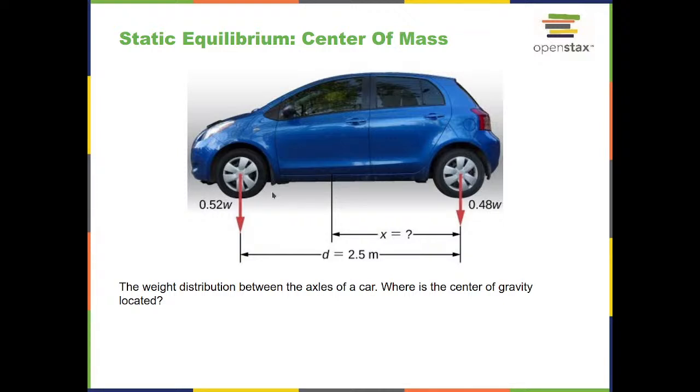We know that the total force the car exerts on the earth is 52% of the weight on the front tires, and 48% of the weight on the back tires, the front two tires and the back two tires. If we know that, and we know that the distance between the two tires is 2.5 meters, can we calculate where the position of the center of gravity is located?